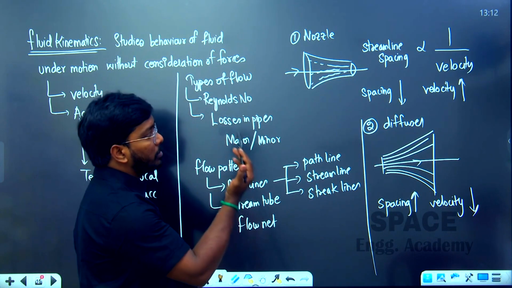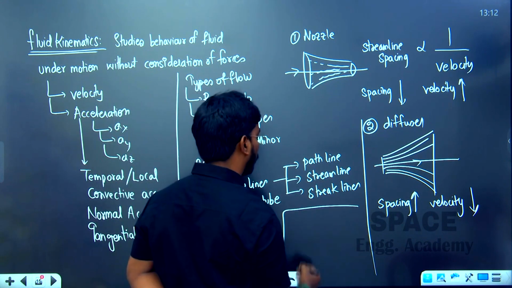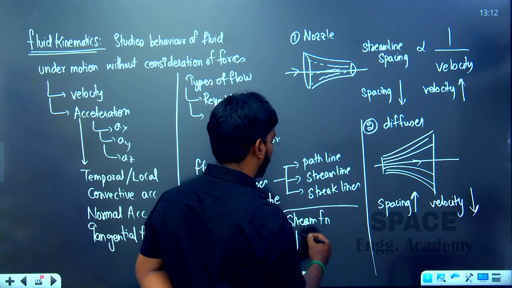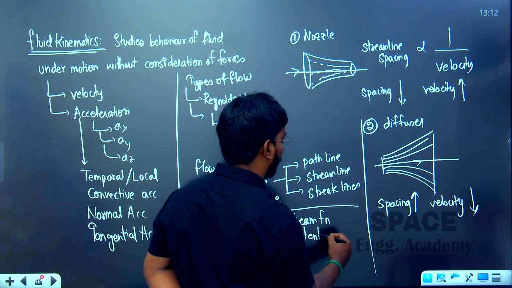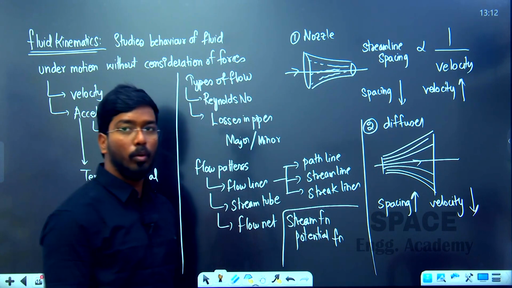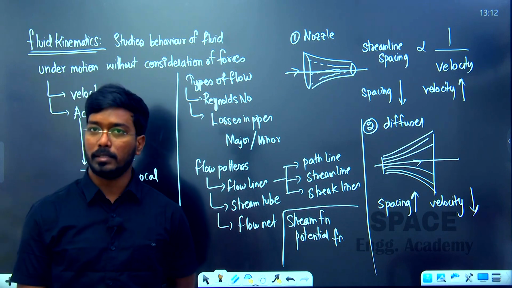When we discuss streamlines, we also need to discuss some mathematical equations, called the stream function and potential function. The stream function, potential function and flow net we will see in the kinematics concept.